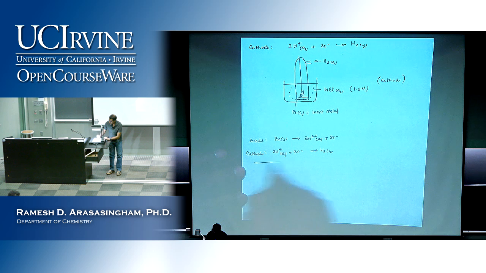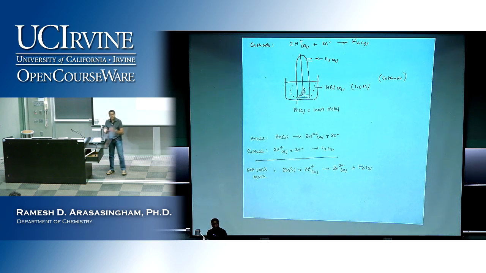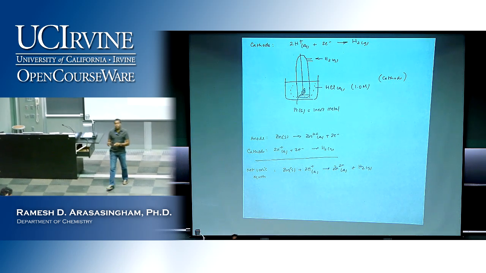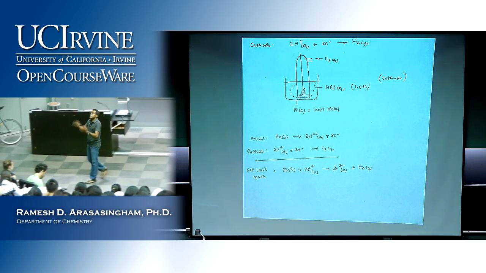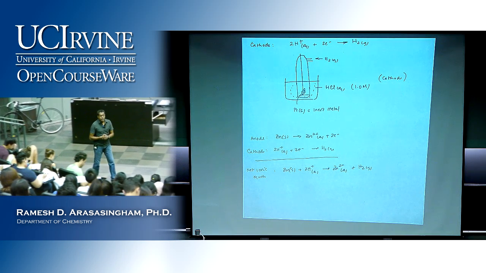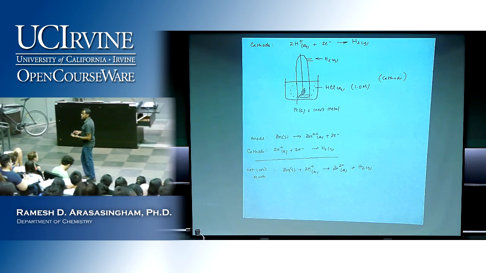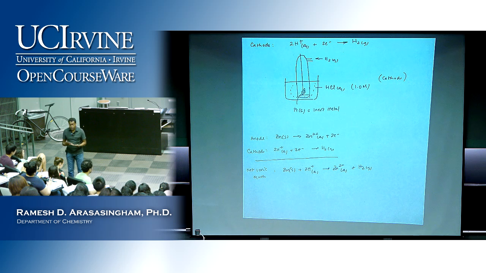And so your net ionic equation would be zinc solid plus 2 H plus aqueous, giving you zinc 2 plus aqueous plus H2 gas. Did you guys get that? So overall, the net ionic equation that takes place in this galvanic cell is shown here. You've identified what the anode is, you've identified what the cathode is, and there are 2 electrons being transferred in that setup.